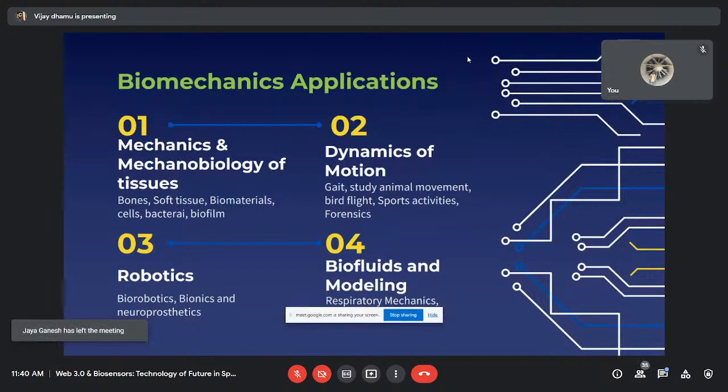So biomaterials is a different stream altogether, where, for example, in the implant industry, I hope you might have seen some, or some might have gone through an accident where their bone might have had a crack or something, and they'll be suggested to do a joint replacement surgery.